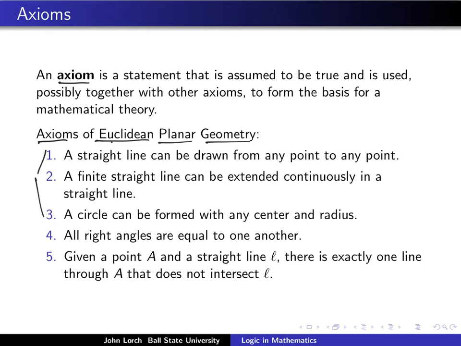Axiom 4 tells us that all right angles, like this one and that one, are equal to one another, meaning that I can take one, pick it up, and lay it atop the other exactly. And then you have this rather curious axiom 5, which I have managed to misstate a little bit here. I should also say here that the point A is not on L.